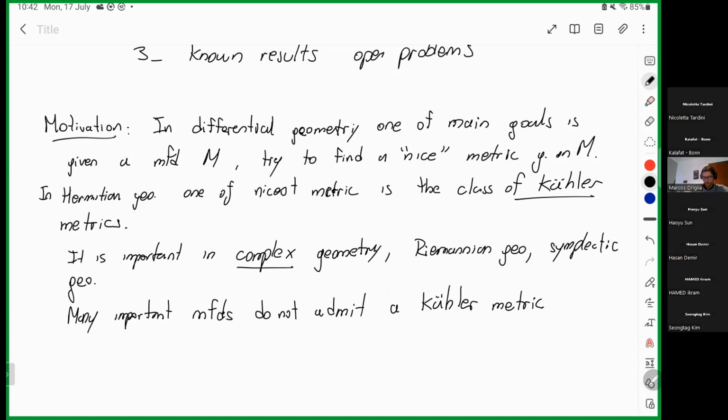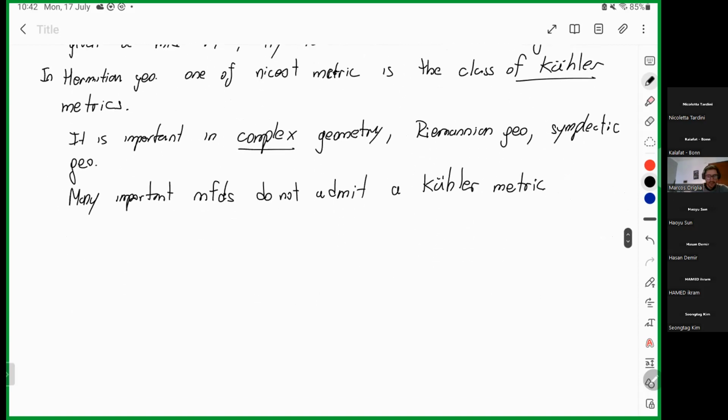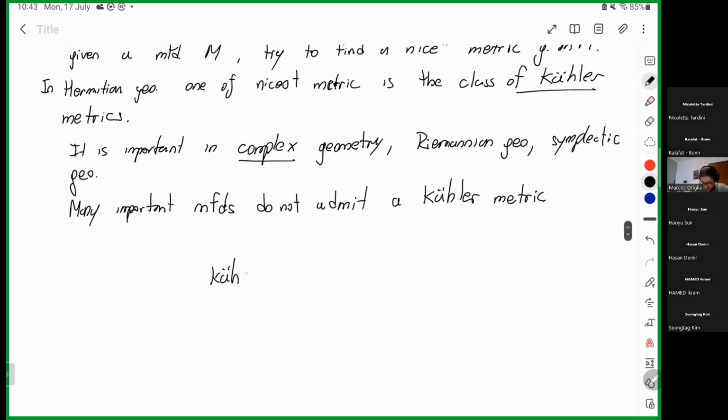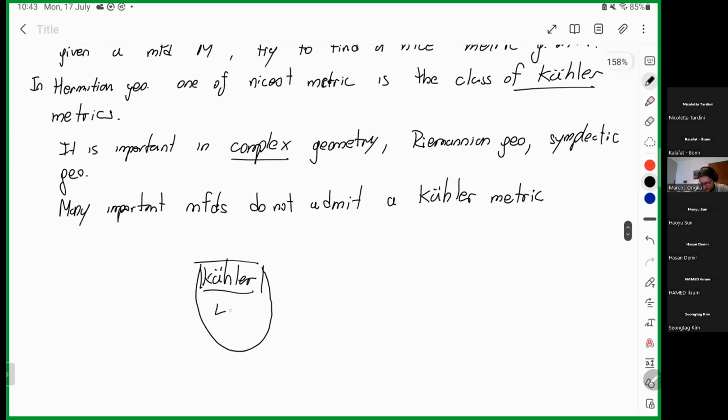So one possible solution for this is to try to enlarge this class, this family of metrics, in order to include more examples. So we have the class of Kähler manifolds, and we will make this class larger, and this is where the locally conformally Kähler manifolds appear, right?